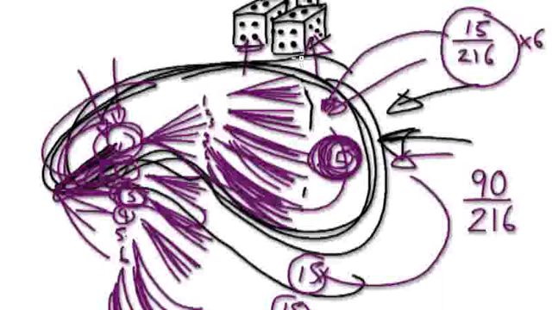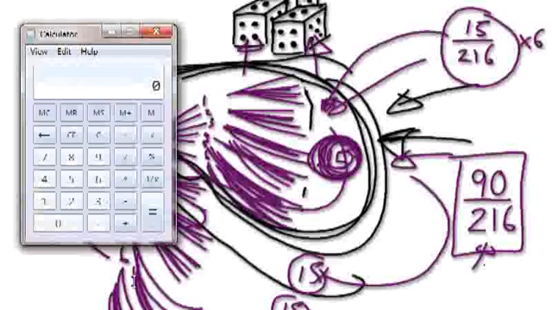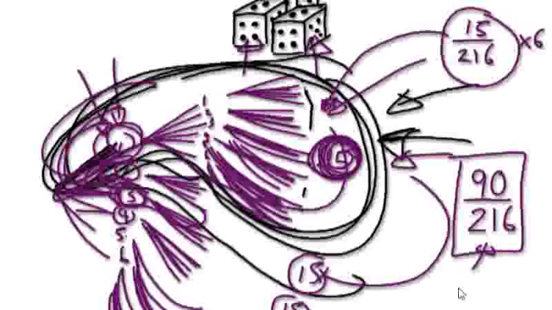So the probability of you getting a double would be 90 over 216. If you jump to a calculator, you can convert it to a decimal. 90 over 216 equals 0.42.